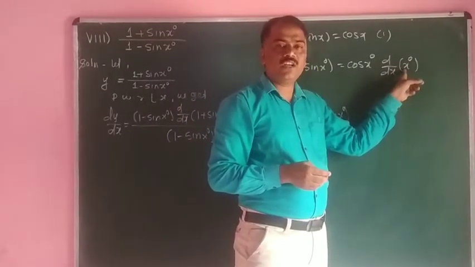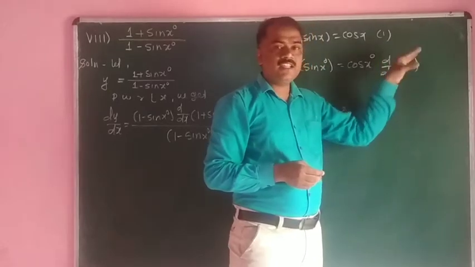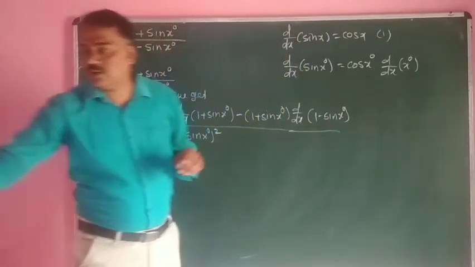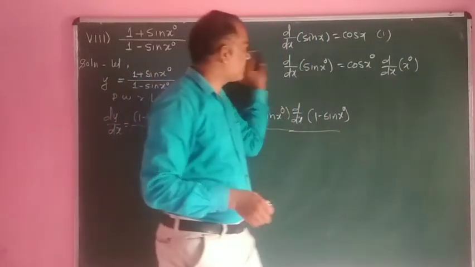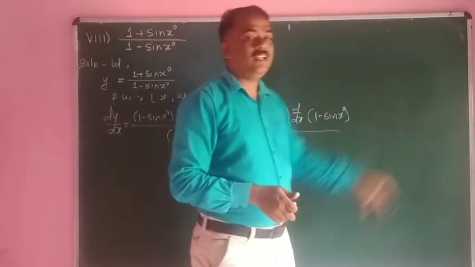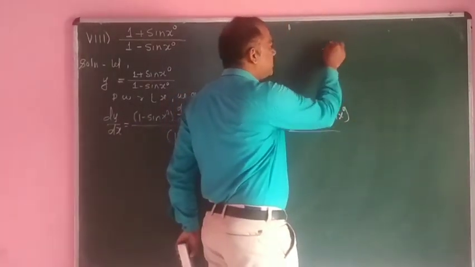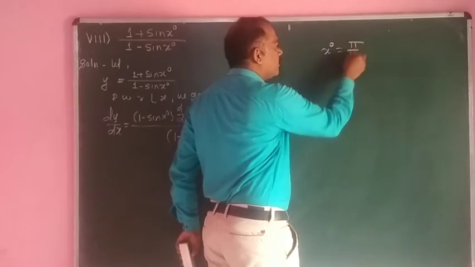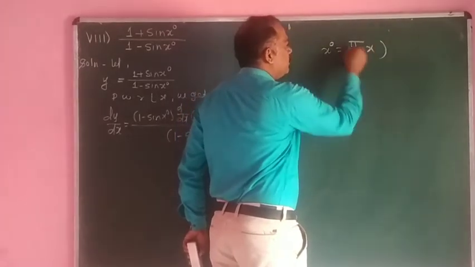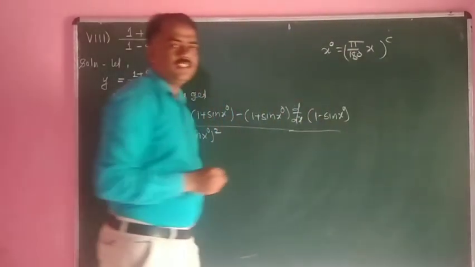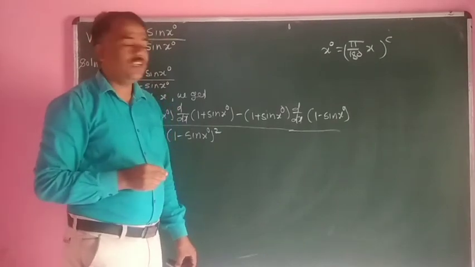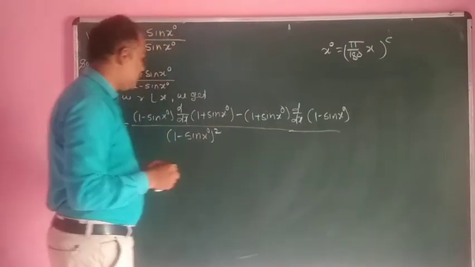So first we convert into radian measure and then take the derivative. What is the conversion of degree measure into radian measure? We know that x degree is equal to pi upon 180 into x radian. This is the conversion, and we use this formula here.